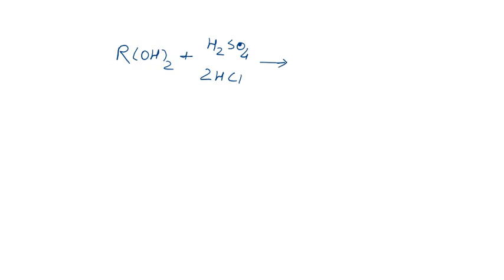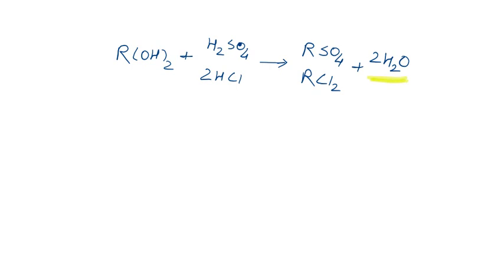In such case, it will give up the OH and take the SO4, or here RCl2 plus H2 and OH will give you H2O. Thus what is left in the water is H2O only. Thus complete minerals are removed.